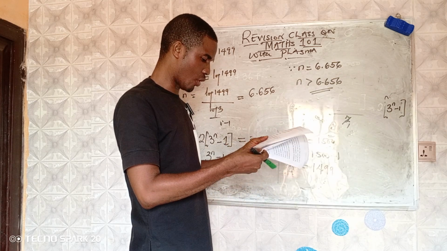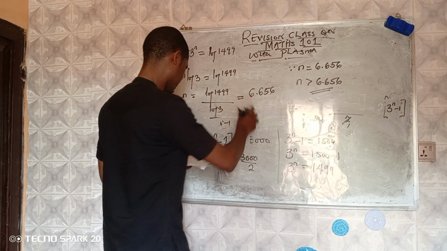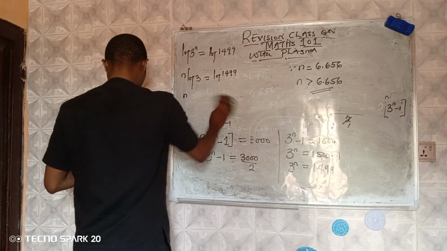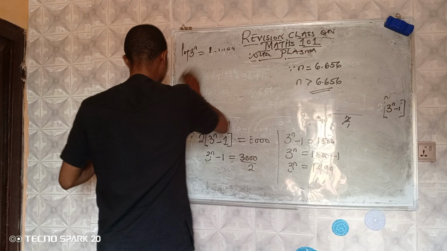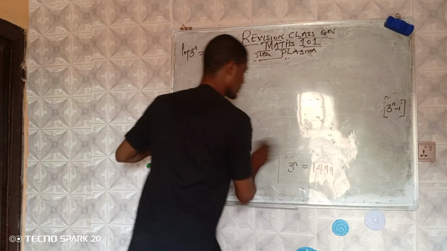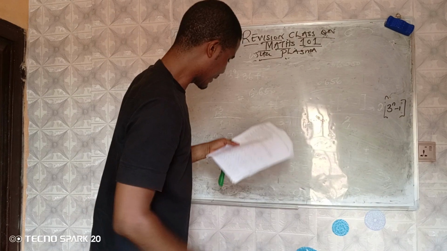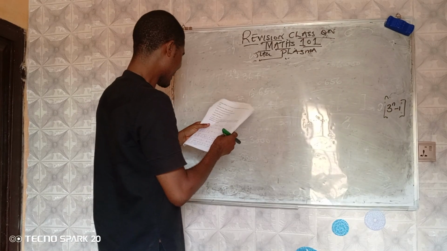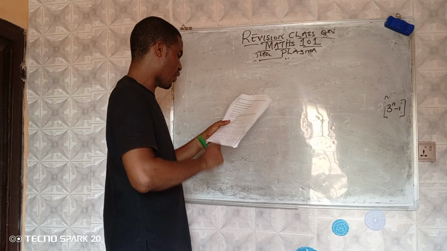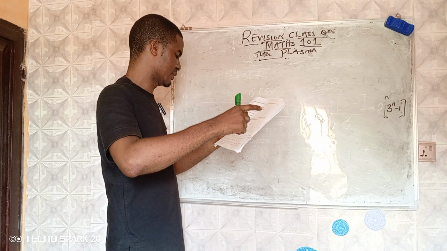I want to shed light on one again. It says the ninth term of an AP is 5 times the fifth term.